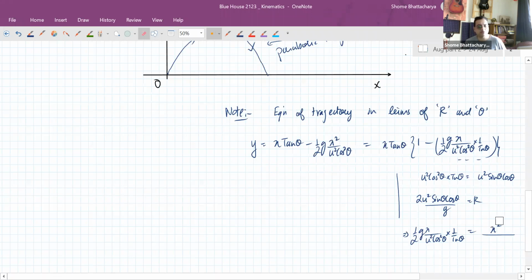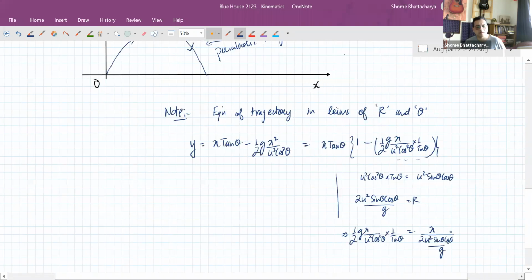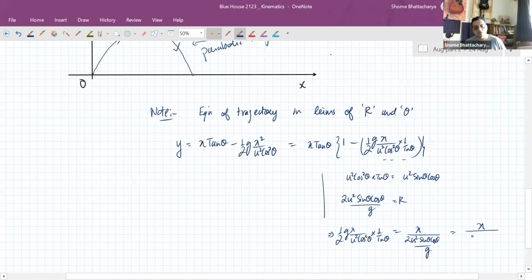I've already taken x common outside earlier. So this whole second term can be written as x upon u square sin theta cos theta by g, which can further be written as x upon u square sin 2 theta by g, which can be written as x divided by R.